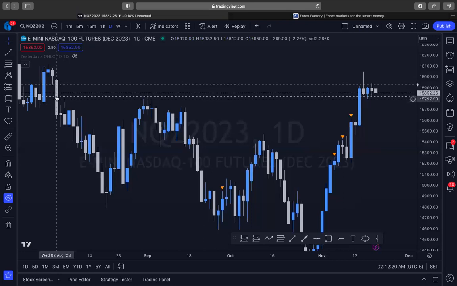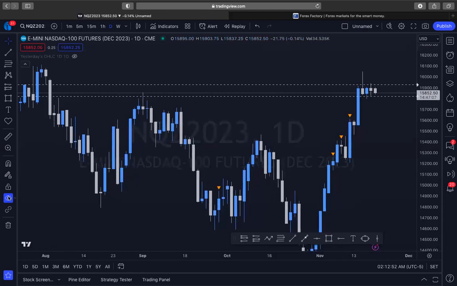This candle right here is a SIBI, a sell side imbalance. It's an imbalance to sell. If you look here, you notice that after it tapped into this volume imbalance, it came back down and closed.